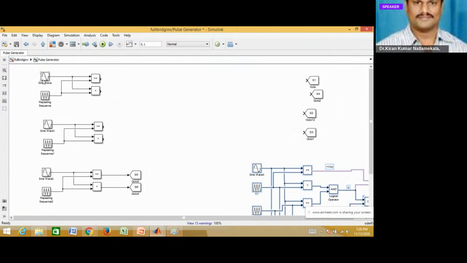I'll take one sine wave and one triangular wave. This is given to S1 and S2.